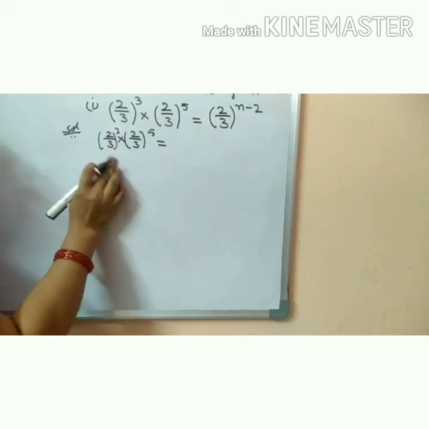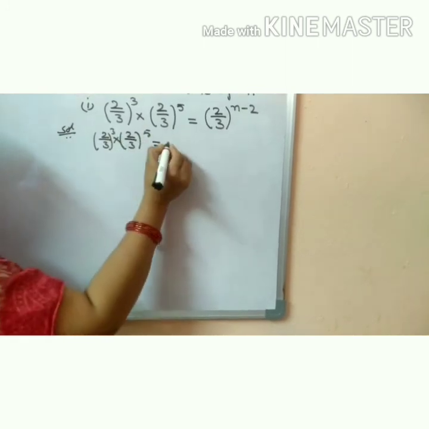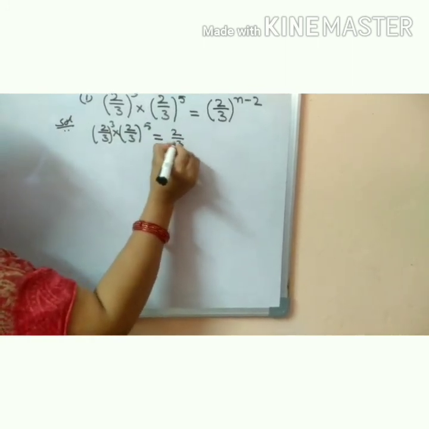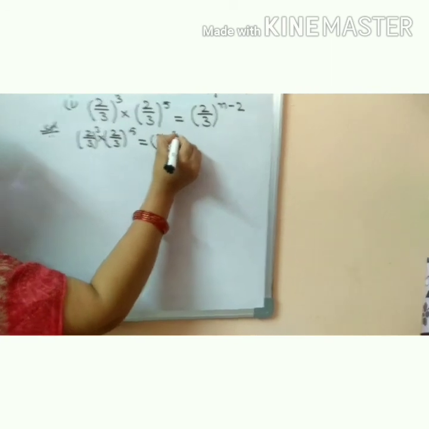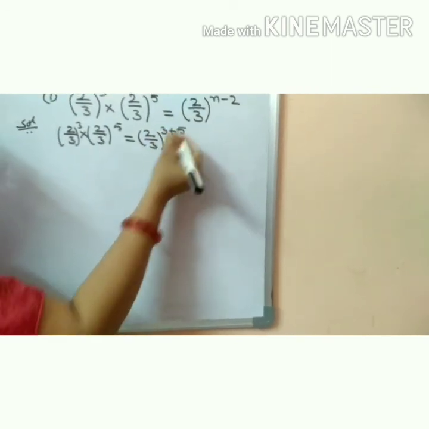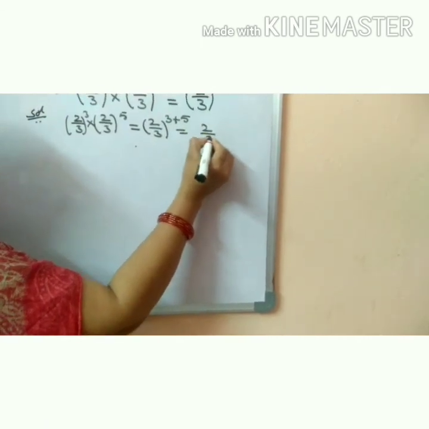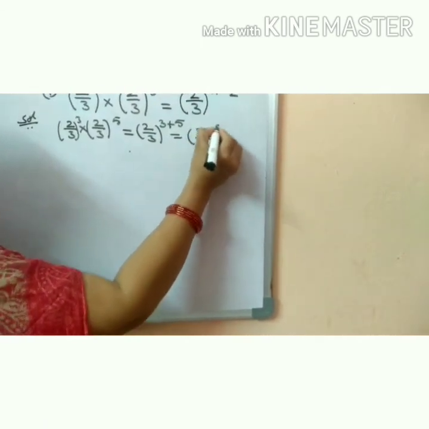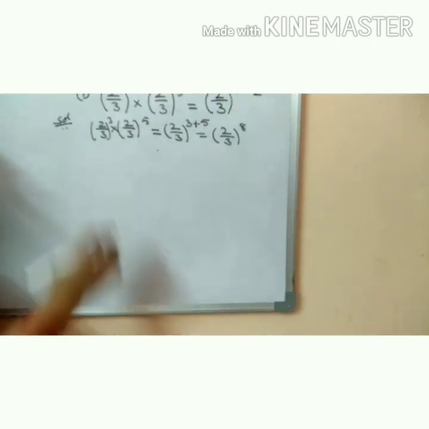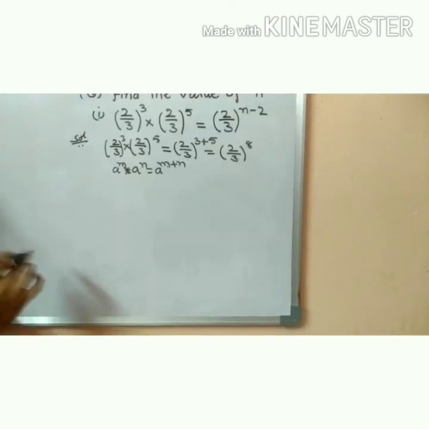You can observe that the bases are the same, then the exponents are added. So (2/3) whole power 3 plus 5, that is 8. Did you understand? It is the a^m × a^n equal to a^(m+n) formula.